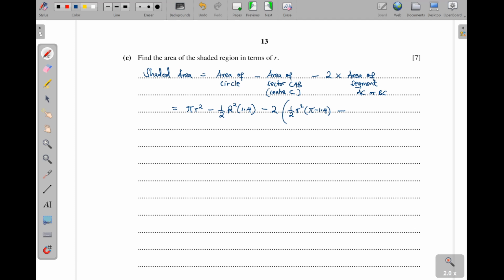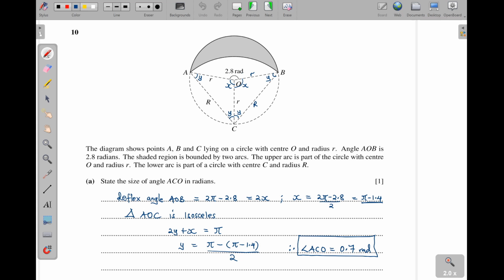Then minus area of the triangle, a triangle which is not right angled. So long as you know two lengths, you have this length, you also have this length, and then you know the angle in between, then the area is going to be a half times A times B, then sine of the angle that is in between. So this triangle here is going to be a half, then times this radius and this radius here.